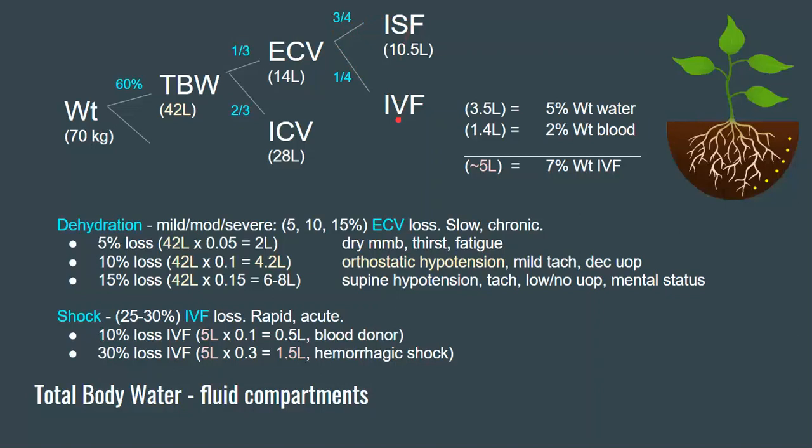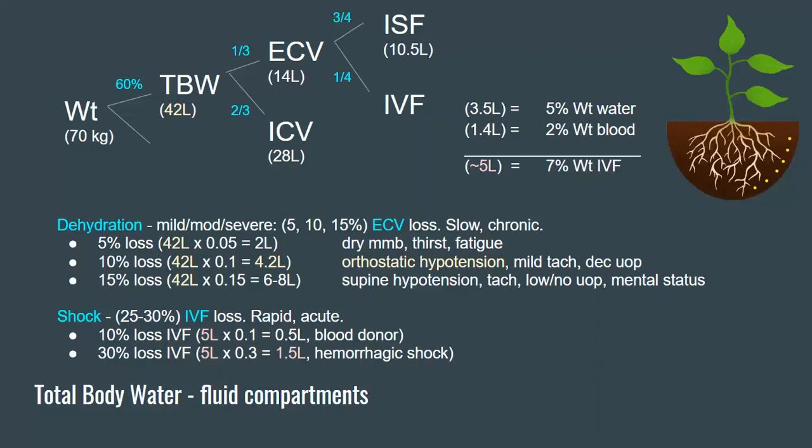The intravascular fluid is what makes up the blood that keeps you alive. And you always hear that we have 5 liters of blood. Well, actually, we have 3.5 liters of water or plasma in the blood, in the vessels, and about 1.4, 1.5 liters of just red blood cells if you were to compact them all down.